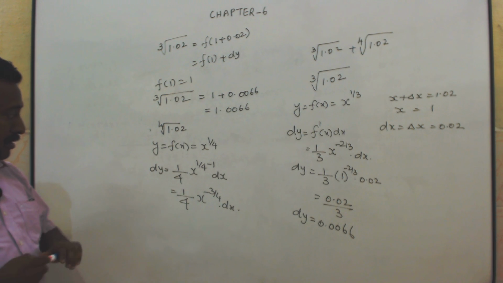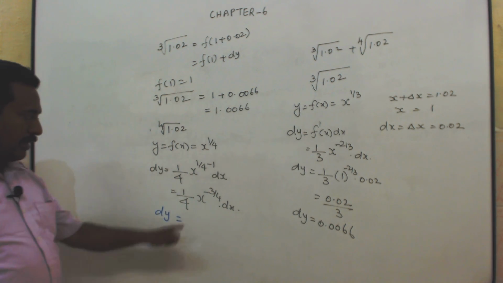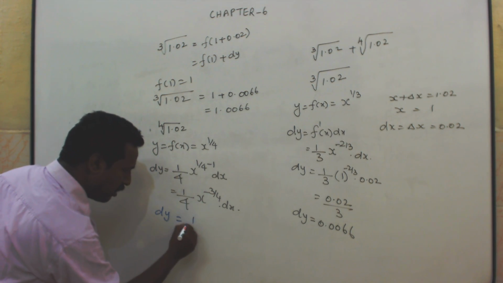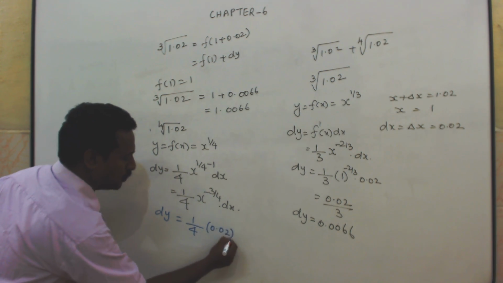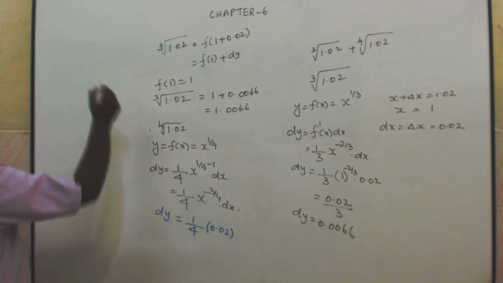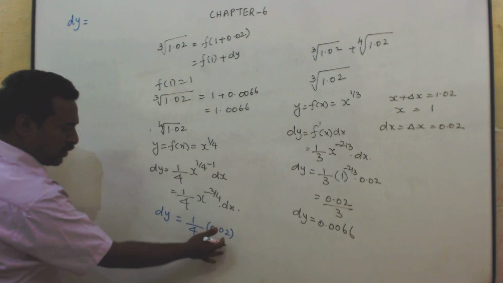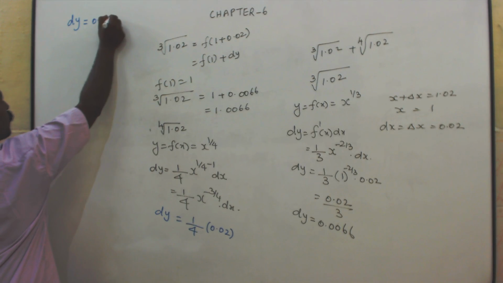Now, substitute the value. dy equal to: x is 1, 1 power any number is 1, that is why leave it. 1 by 4, dx value is 0.02. So, dy is equal to 0.02 divided by 4, that is 0.005.